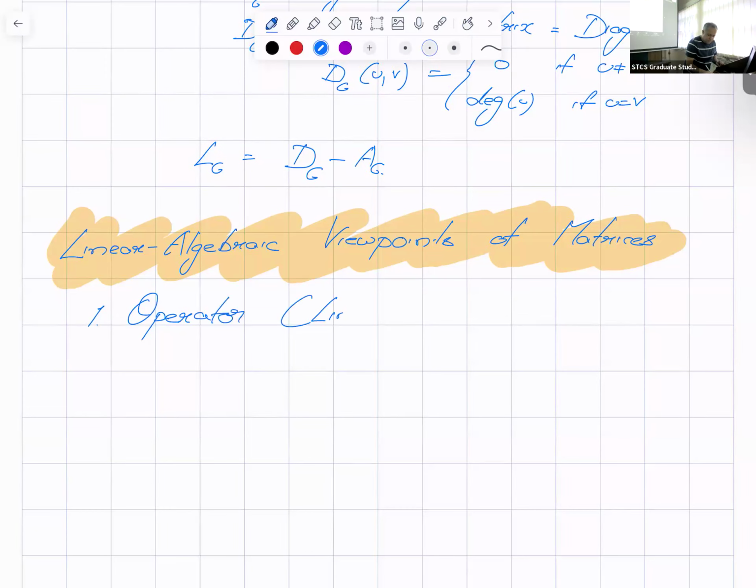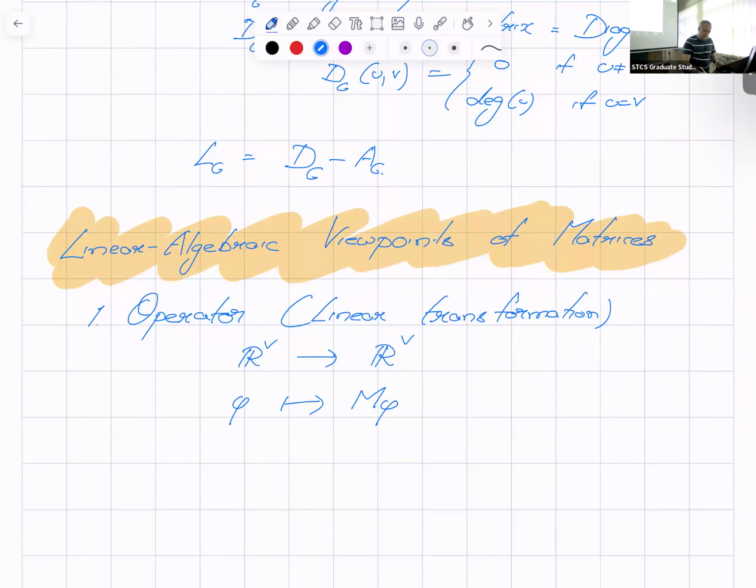It's a linear transformation, so it's something which maps R^V to R^V. By the way, for the purpose of this series of lectures, I'm going to only work when the underlying field is the reals, and that will suffice for everything. But all of these can be generalized to other fields. The matrix is going to take some vector phi in this space, and map it to M phi.